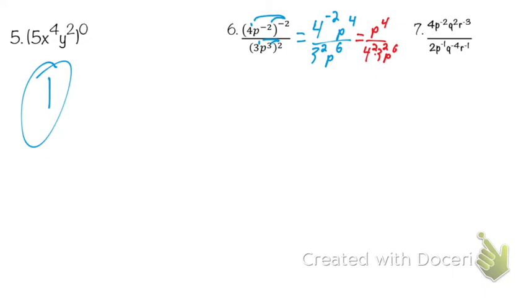So what do we do with those? No, subtract, because it had a negative exponent on it. We subtract those exponents. What's 4 minus 6? Negative 2. So we have P to the negative second.